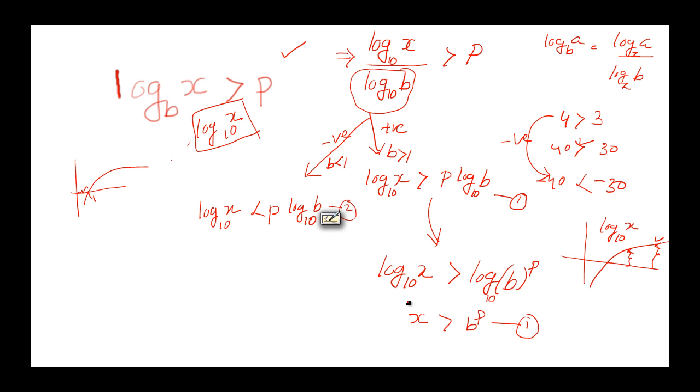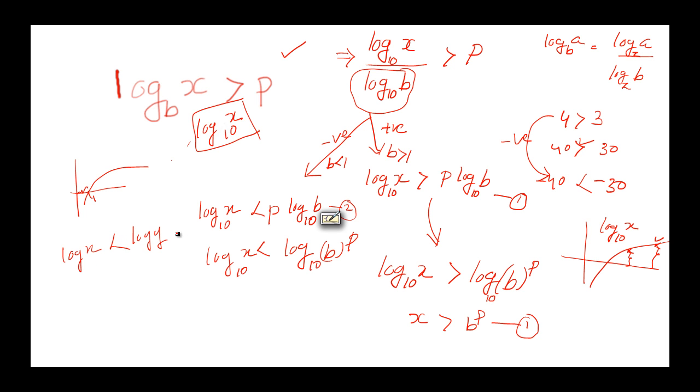Fine. Now let's come to case 2. Case 2, what we have got is this one. Now this can be written as log of b raised to p, in this form. Base is 10. So here you have log x to the base 10. Now you see here you have a statement between log x and log y, where log x is smaller than log y.